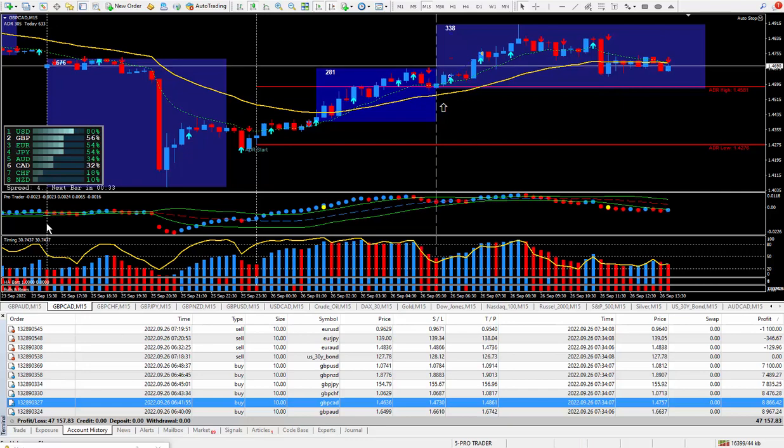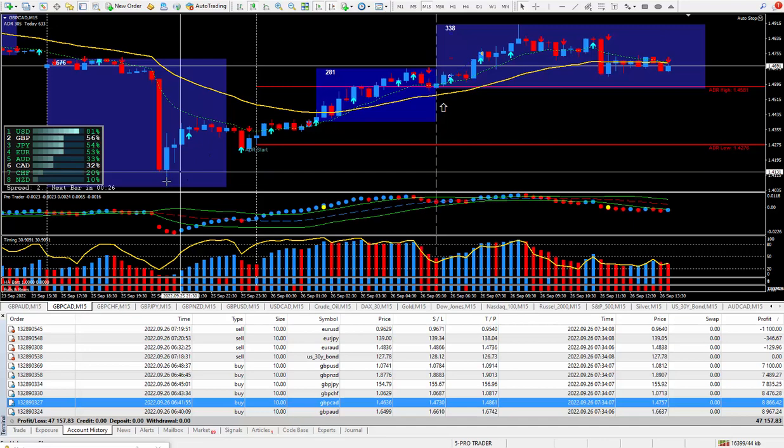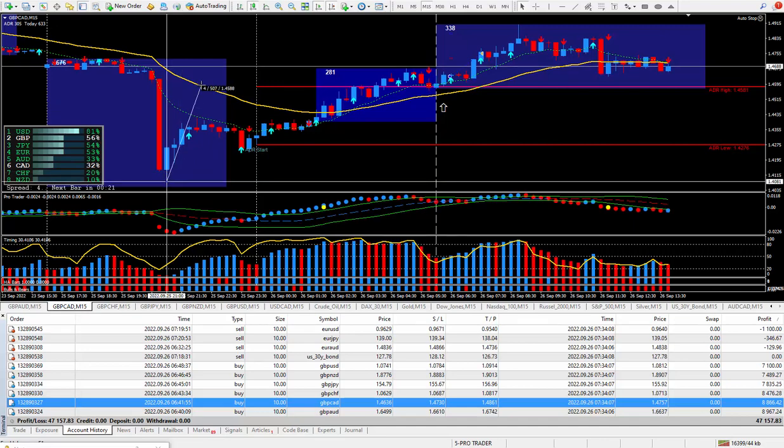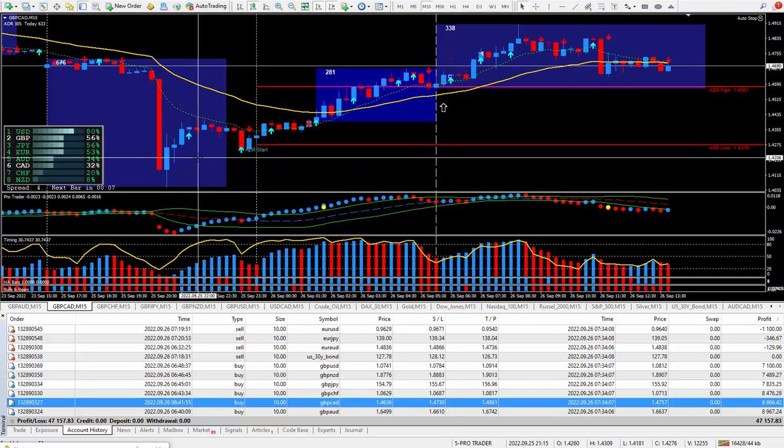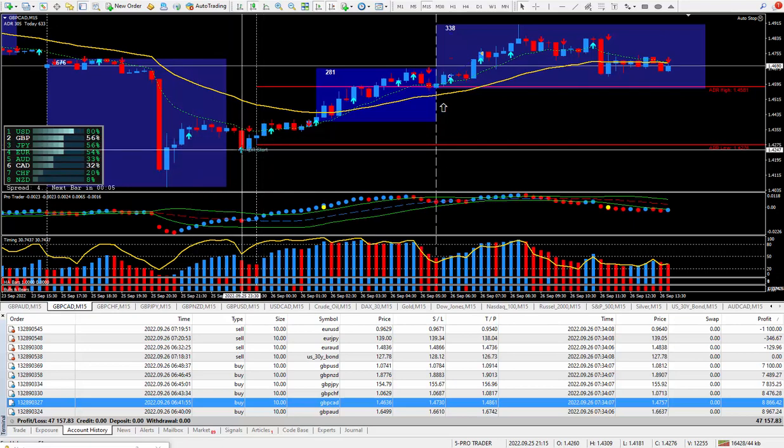That's a very interesting and important tip: anytime you're thinking about selling, let's say right around here, just measure back to the goal line. That's over 500 pips. So if you get any kind of a buy signal, which is right in here, or wait a second, you've got buy signals over here and here and here.